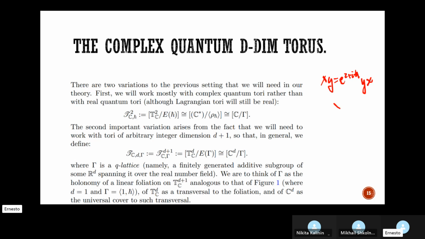But this was realized as, or was meant to be, the algebra of functions on the space of leaves of the Kronecker foliation. So we had the Kronecker foliation. We form somehow the space of its leaves. And this is the algebra of functions on the space of the leaves of the Kronecker foliation.